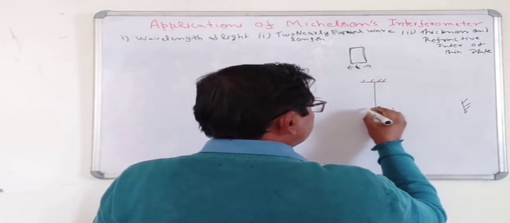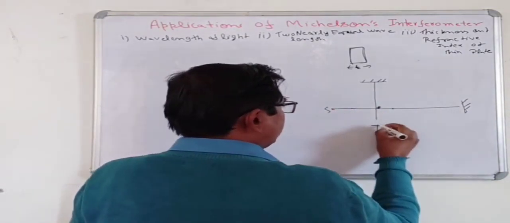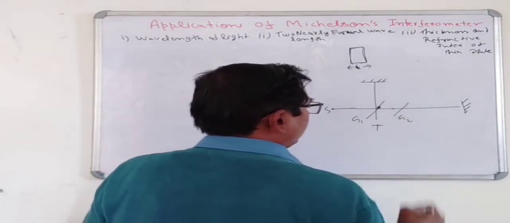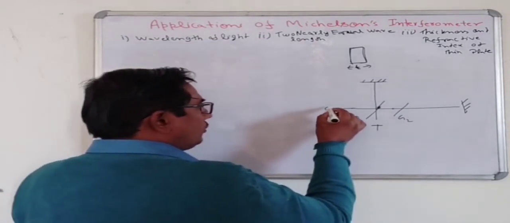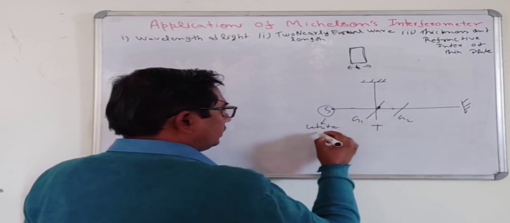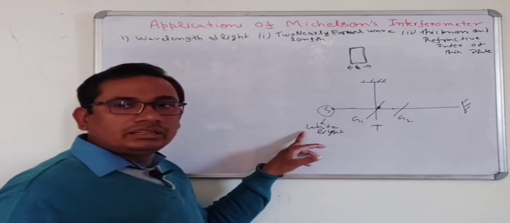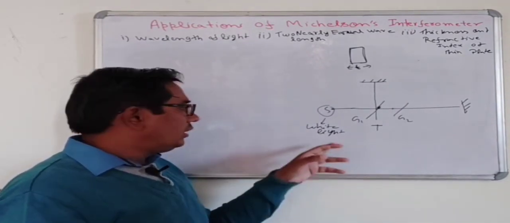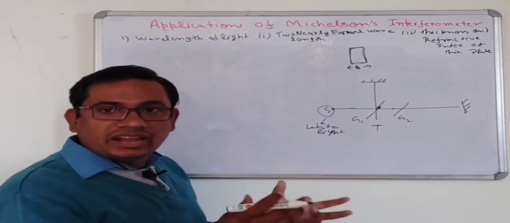Here is a source, this is a telescope, this is plate G1, this is G2. Here suppose we have used a white light source. You know that white light has different wavelengths, and the mixture of these wavelengths shows white light.